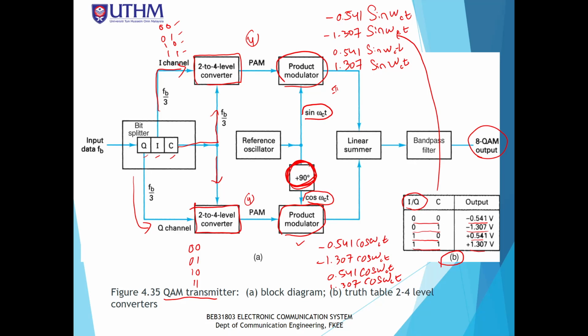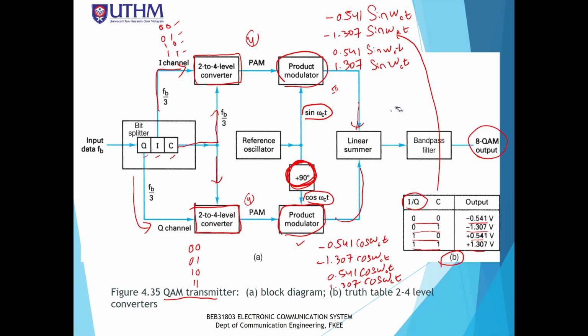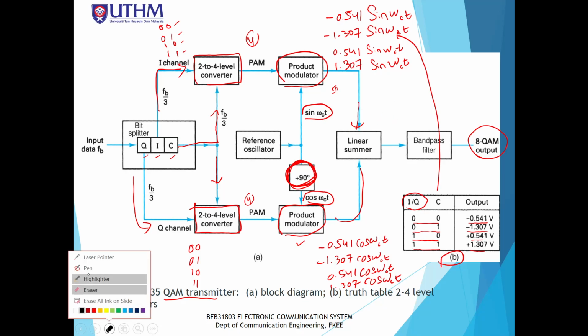Okay, and then what? It is going to be put inside the linear summer. The linear summer will sum up both of them. So we are going to produce x sine and also y cos.